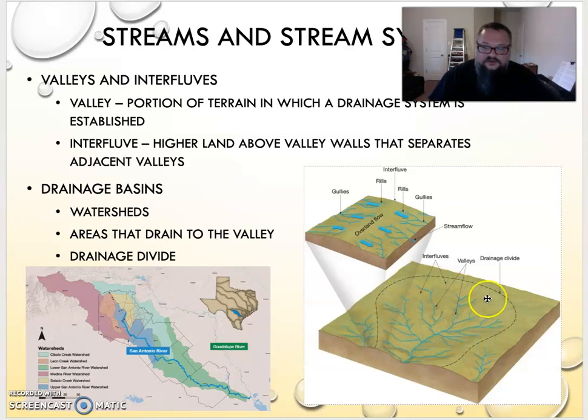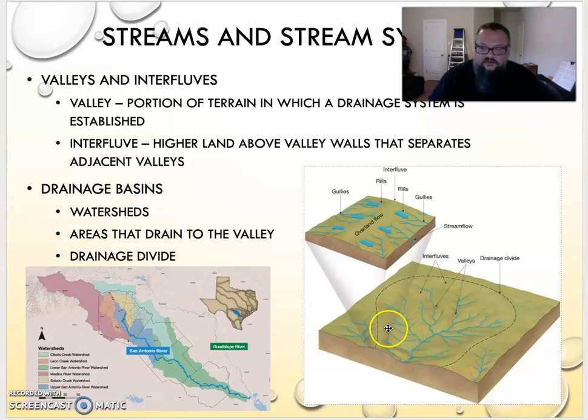If we look at this picture here, we've got our valley down here, which is clearly lower, and our high area, right, which is our interfluve. And if you look, there's another valley over here and another valley over here, and these valleys are separated by this interfluve. Okay, this is an area that divides these drainage basins.